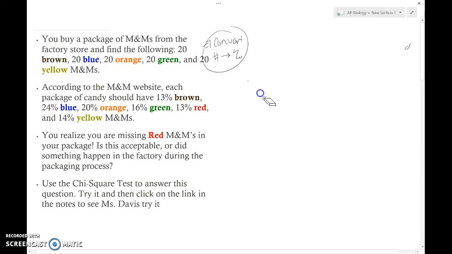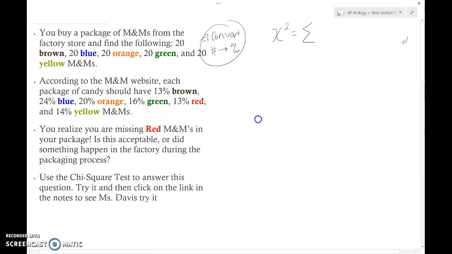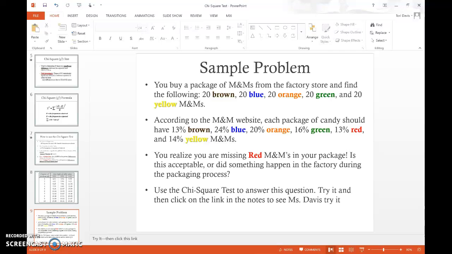Don't forget our chi-squared is going to be equal to the sum of observed minus expected, squared, all over your expected value.